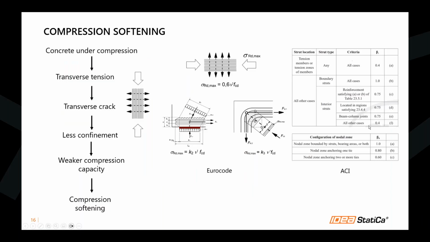Same with the ACI. If you are using ACI, it'll be called beta instead of K. But it's the same thing: struts, interior struts, and then the nodal zones, whether there are one tie or two ties, then there are different factors which account for compression softening.